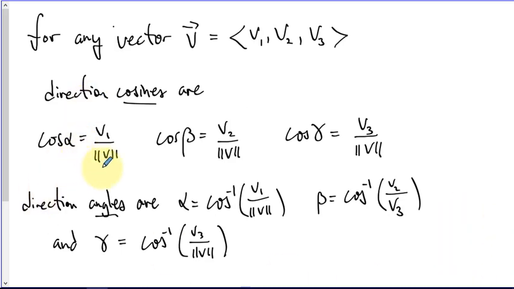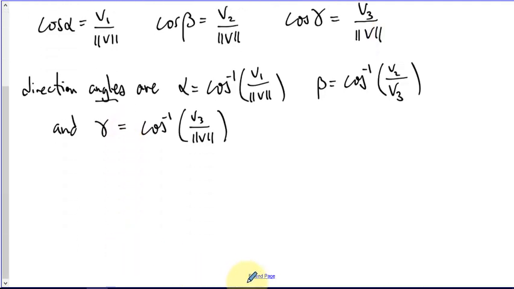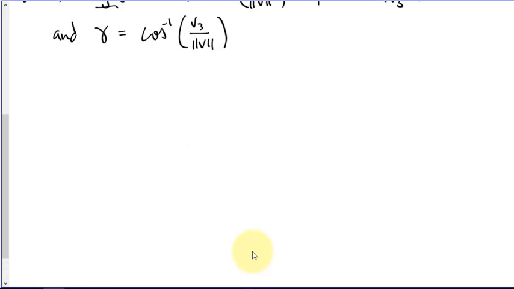You could say that this ratio is one of the direction cosines, and v2 over magnitude v is another direction cosine, the direction cosine for the angle beta, and cosine gamma is a direction cosine equal to v3 over v. And the direction angles are those angles alpha, beta, gamma that you could find by doing cosine inverses.